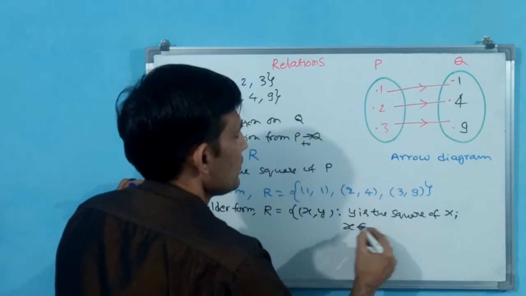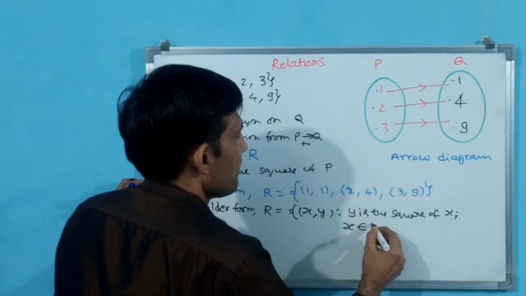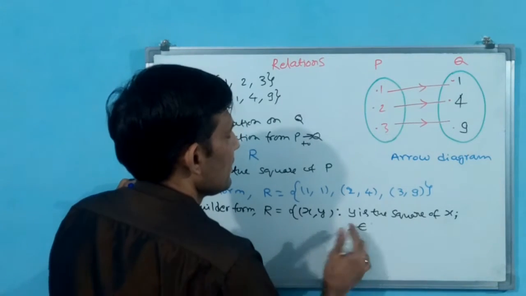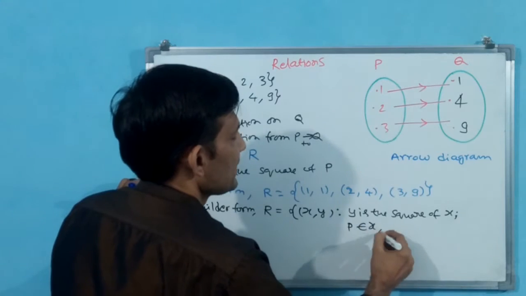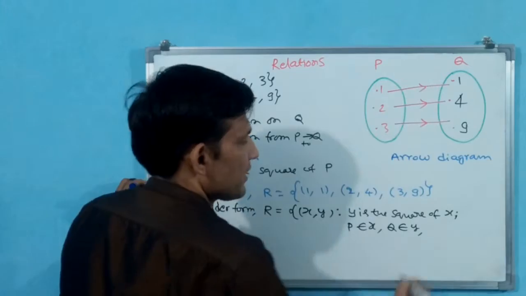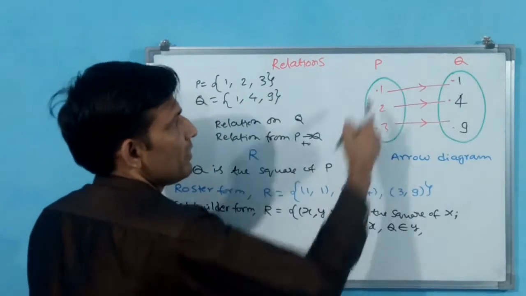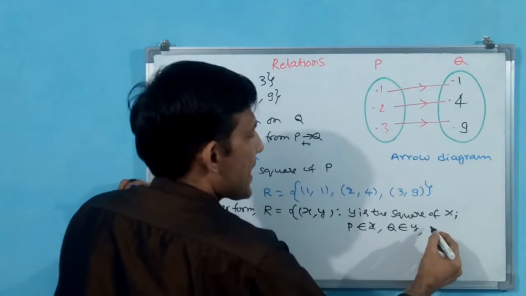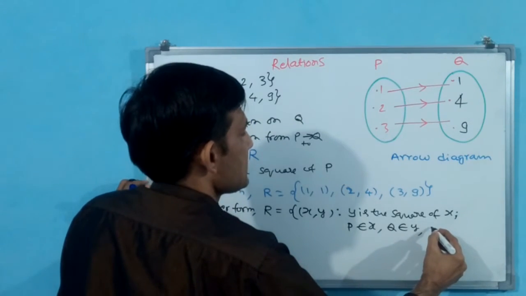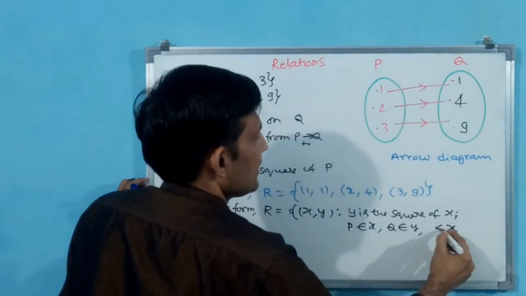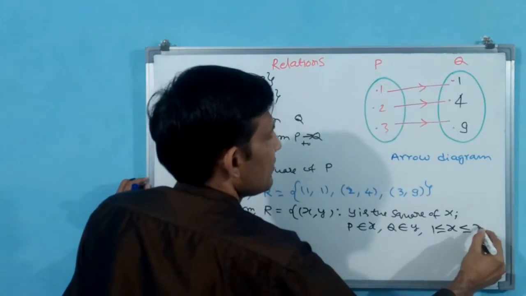Y is the square of x, p belongs to x, q belongs to y. Okay, p belongs to the x side, q belongs to the y coordinate, and x is greater than or equal to 1, less than or equal to 3.